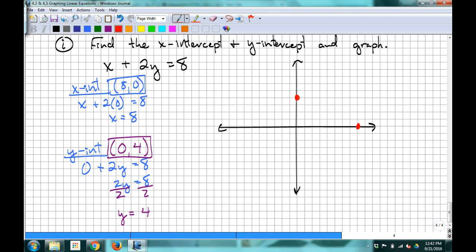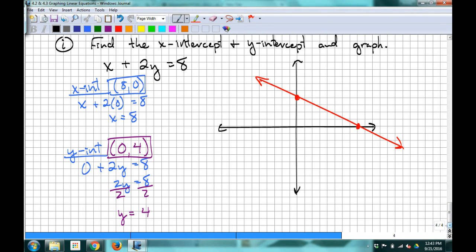I'm going to get a line connecting those two. X and y-intercepts. Not too bad. Still just plugging in 0 and solving an equation. So solving equations like we did in chapter 3 is still part of this game. It will be the rest of the year.